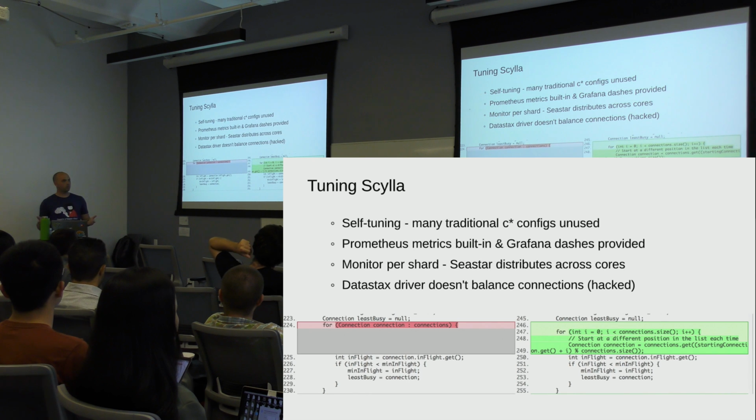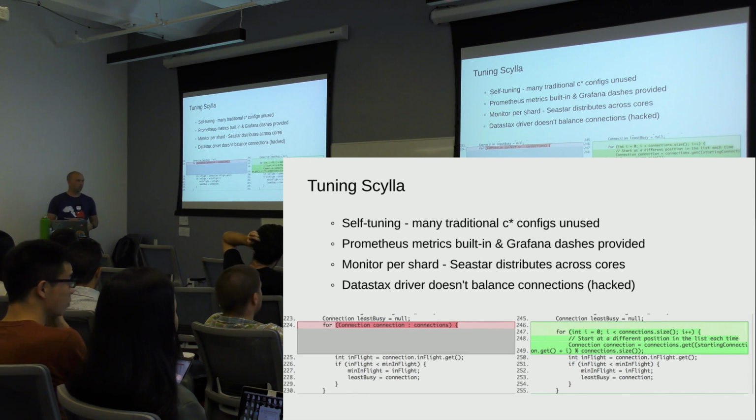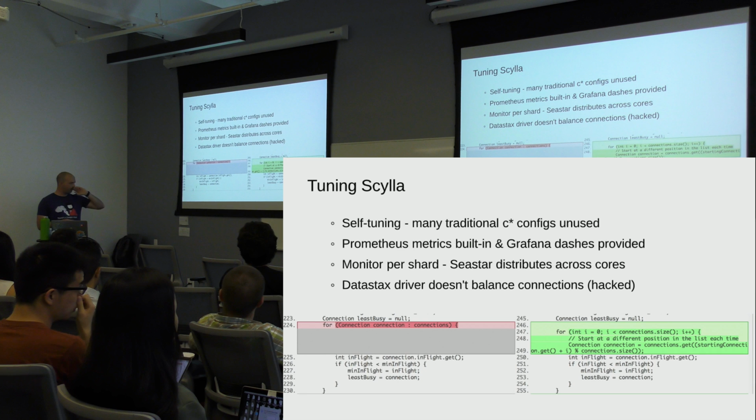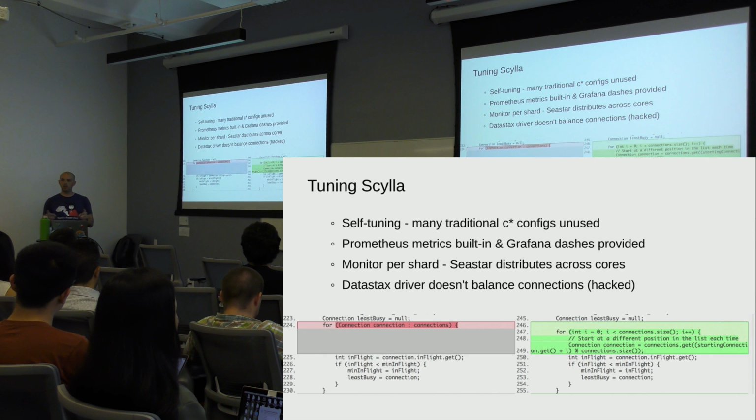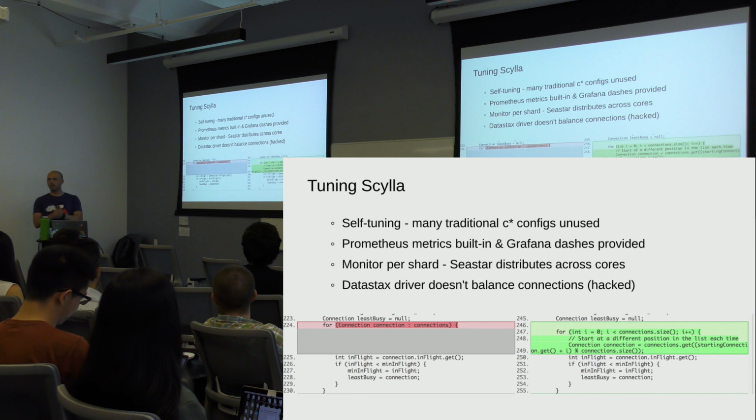All we did is add a really dumb round robin. The driver has this idea of least busy connection. Since every connection seemed like it was the least busy, they were all unbusy as far as the driver was concerned, so it never moved off that first connection. So we added this round robin that would force it to start on the next connection each time it was making a request.